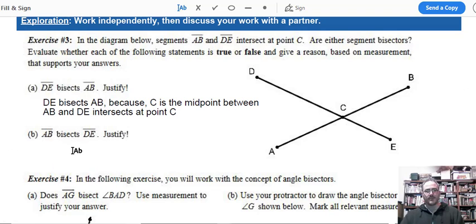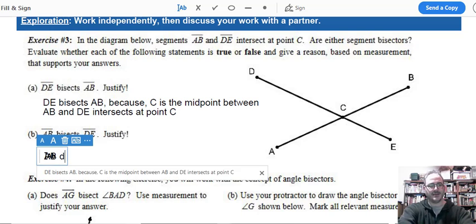And does AB bisect DE? Well, I think we're going to take our ruler out here and we're going to see that these are not the same. This is a distance of 1.45 and this is a distance of 2.62. Wildly not the same. So we're going to put our little box in here.